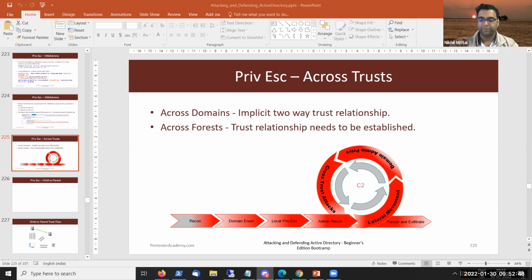There are a couple of, I would not say rabbit holes, but a couple of places where you have to apply your mind, where you have to logically think about what could be the way forward. Why I'm saying this? Because a lot of users expect that they would run Bloodhound and get a path to domain admin right away. That's not true.